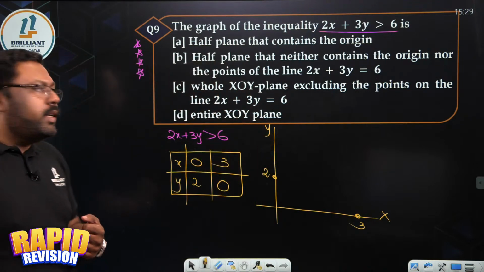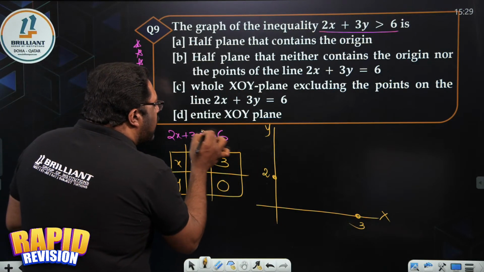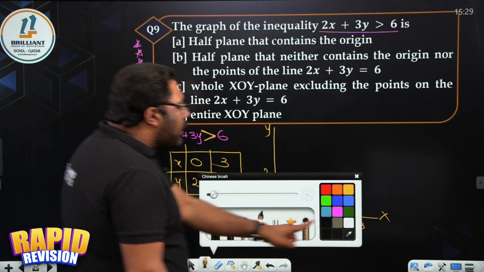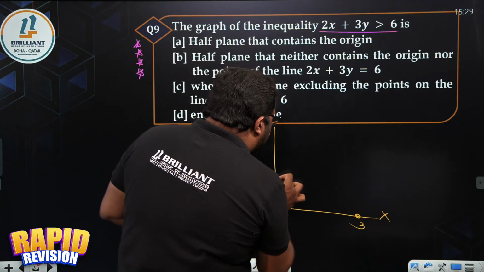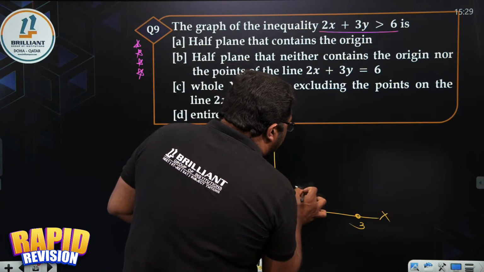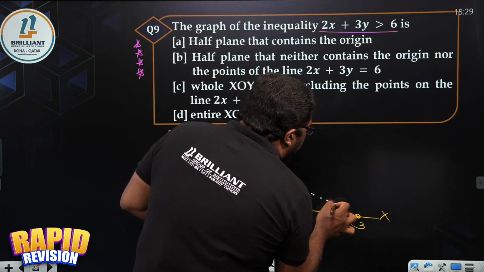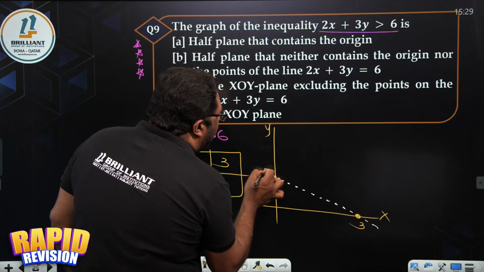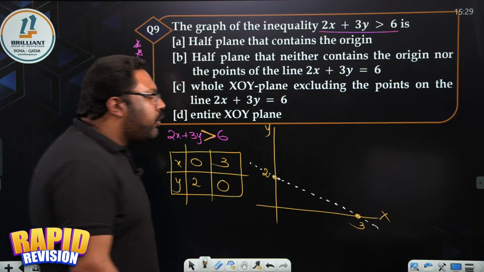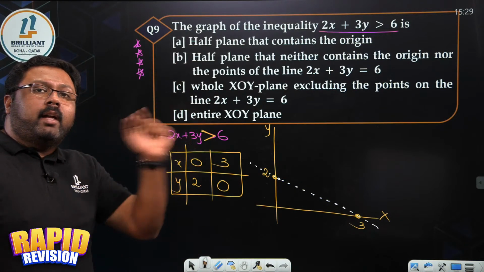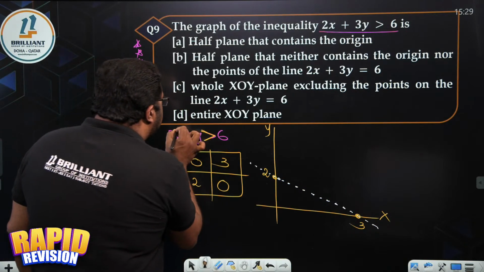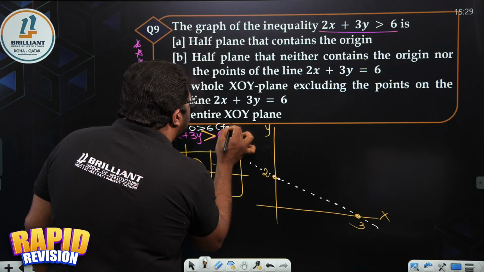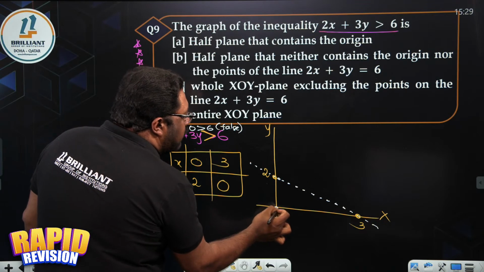So my dear students, it is greater than 6, strictly greater. So it will be drawn with a dotted line, my dears. You cannot draw a bold line here; you have to use a dotted line. And where to shade? 0 plus 0 greater than 6 is false, so the origin is false.